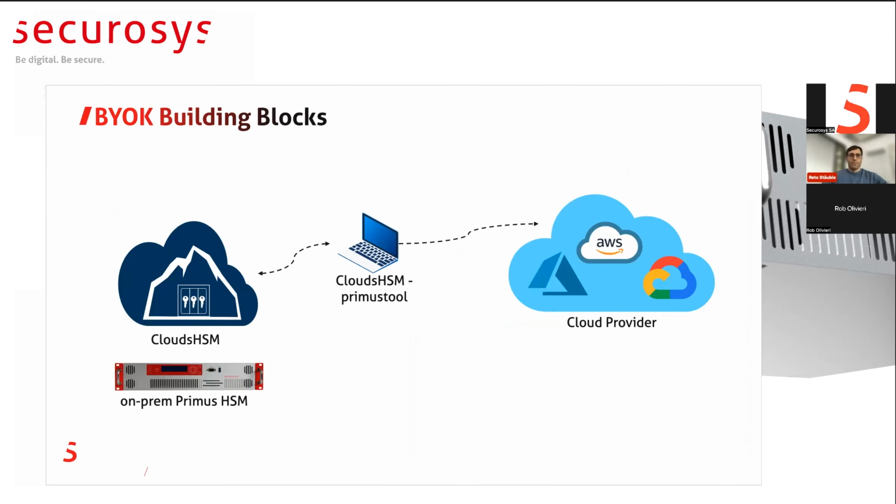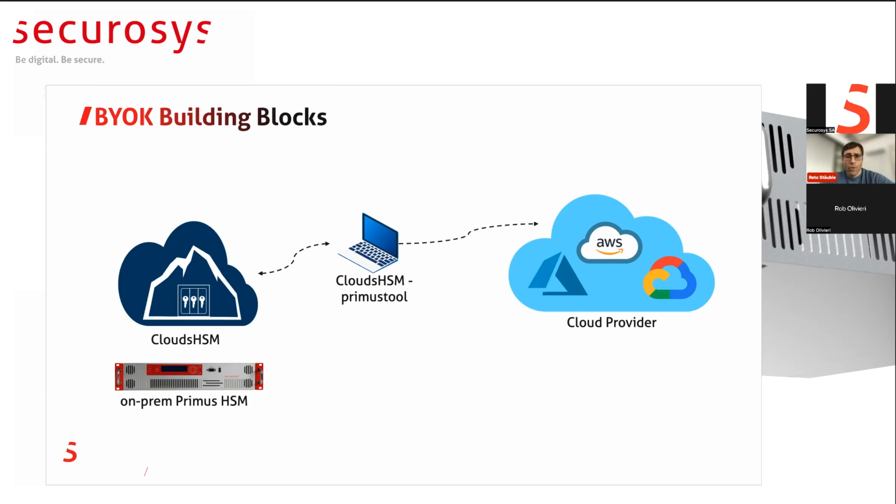So, where does Cloud HSM or on-prem Primus HSM fit into this scenario? Cloud HSM or on-prem Primus HSM give you a centralized place where you can operate and store your key material. As I'm responsible for generating my keys myself, I can use the methods already approved by my industry.